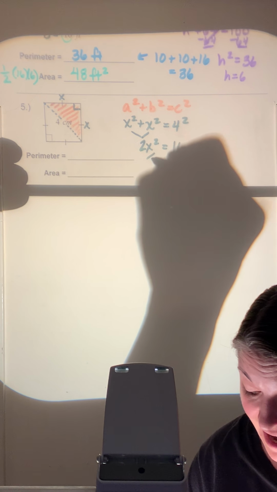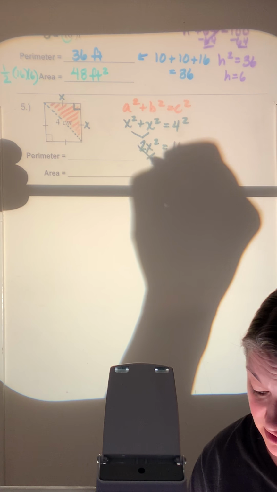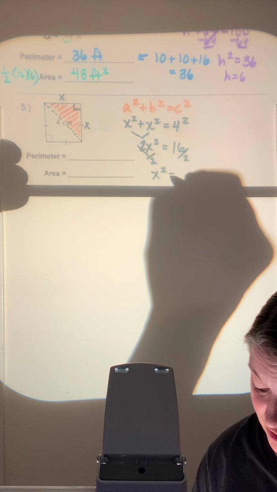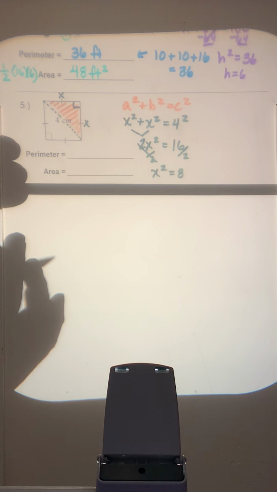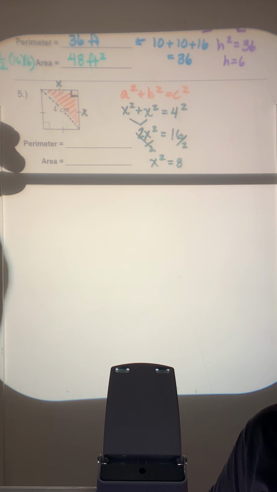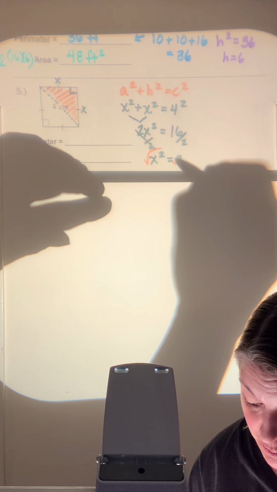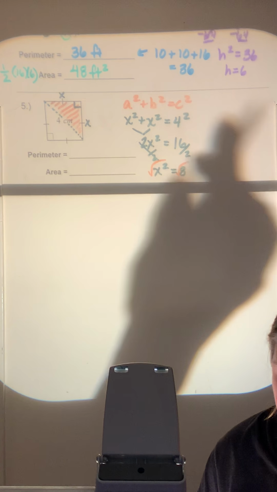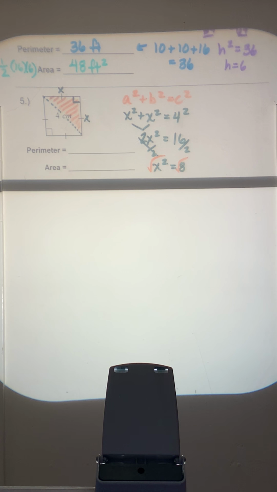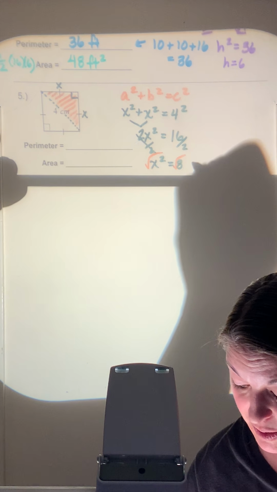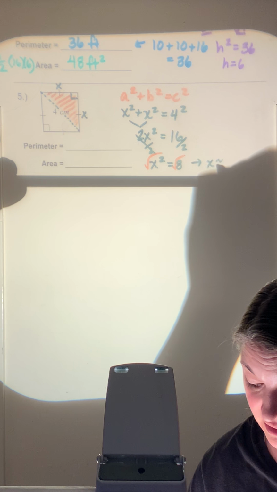We're going to have to divide by 2 first to get our x squared alone. And then lastly, we're going to square root this. All right, this is not going to be pretty. But just like we were doing before, let's just round it for now until we learn a little bit more of what to do with these.